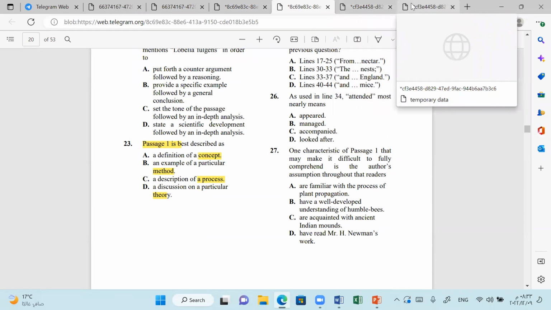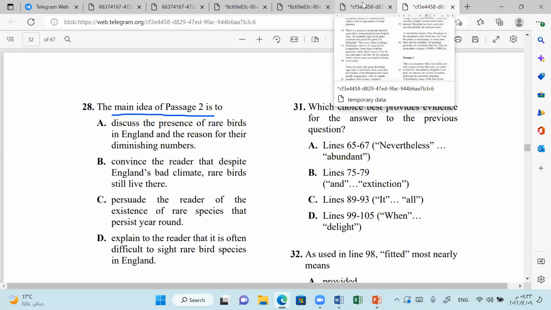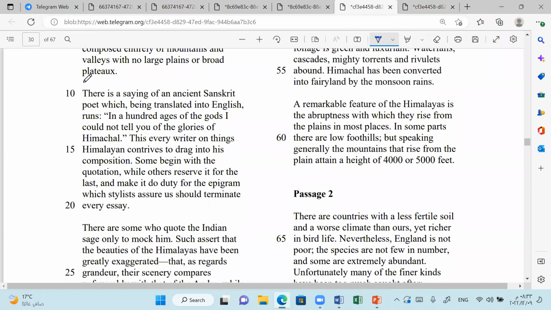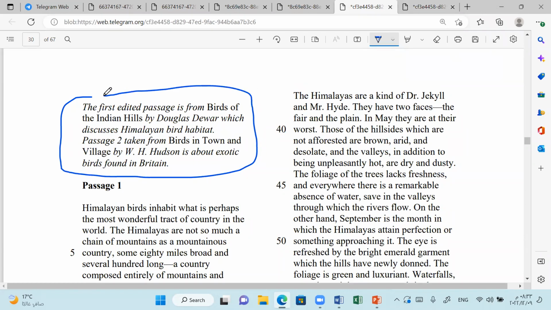Right, back to October, we're going to see the main idea of passage two. This is what I meant. I'm going to go for the blurb, okay?